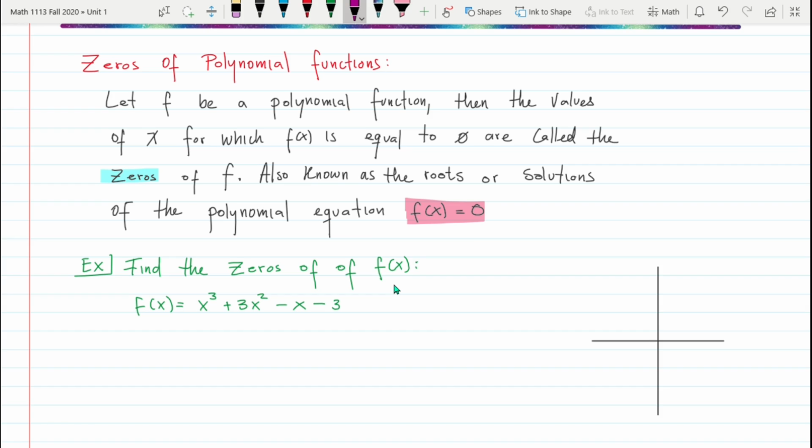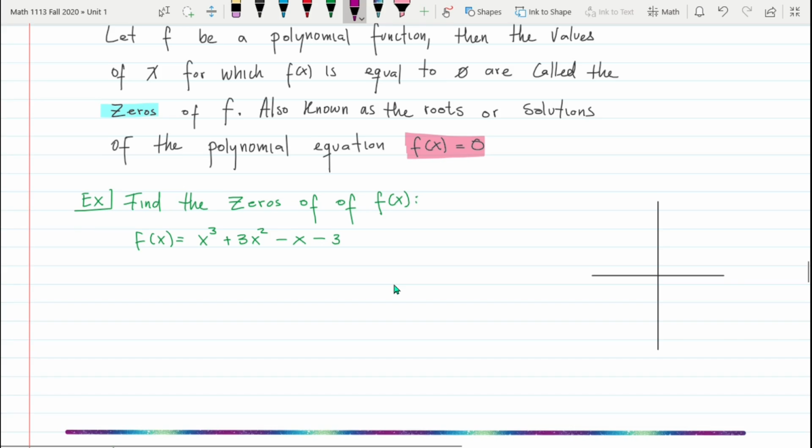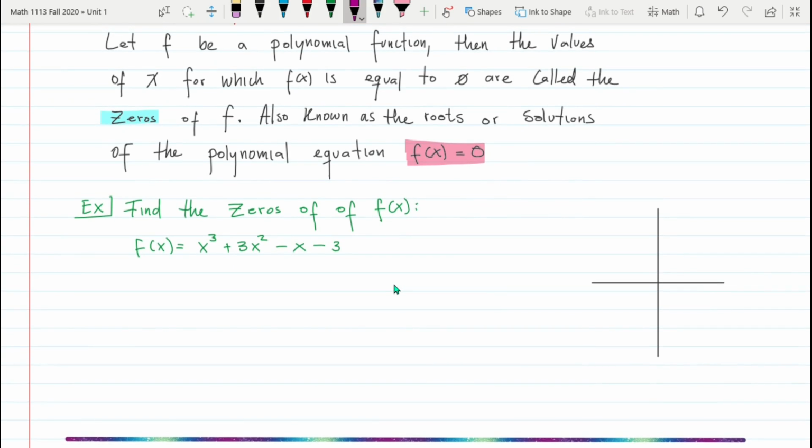So here's the first example. Find the zeros of f of x, where f of x equals x to the third power plus 3x squared minus x minus 3. So what do we do? Maybe you've learned a couple different things in high school algebra, algebra 1, algebra 2.